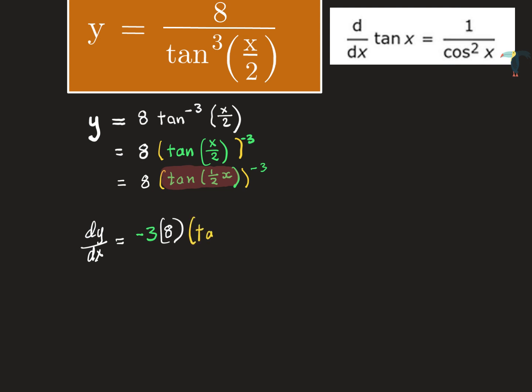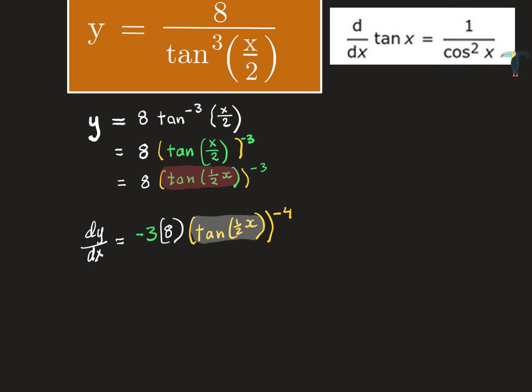So which will be tan a half x. Now we need to diminish that minus 3 so that it becomes minus 4. And now we're ready to differentiate the tan inside here.